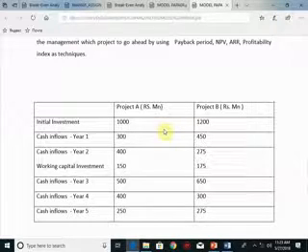Year 0 means today. Right? At the end of year 1, 1 divided by 1.1 to the power 1, therefore 0.909. Second year, 1 divided by 1.1 to the power 2. Using a calculator, you get 0.826.